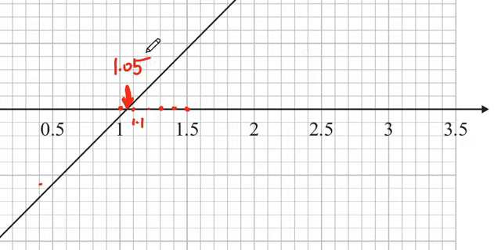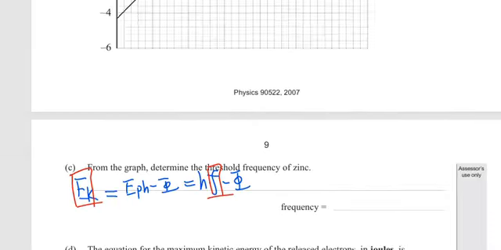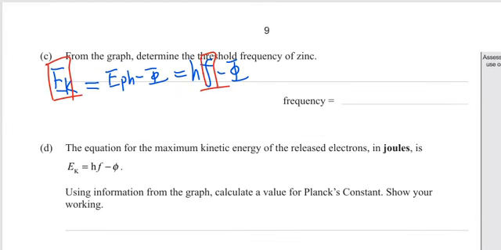So it is going to be 1.05 times 10 to the power of 15 hertz. Don't forget that, all right? So we can write it here: 1.05 times 10 to the power of 15 hertz.